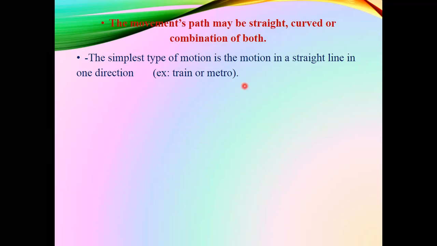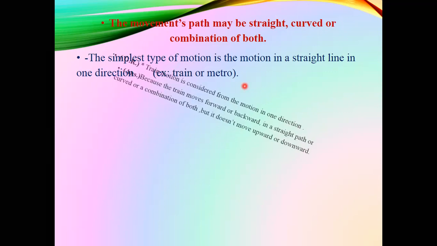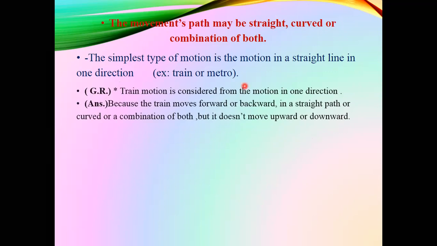An example is the metro or train. Now give a reason, a very famous question: train motion or metro motion is considered motion in one direction. Why? Because the train or metro moves in one direction, backward or forward.